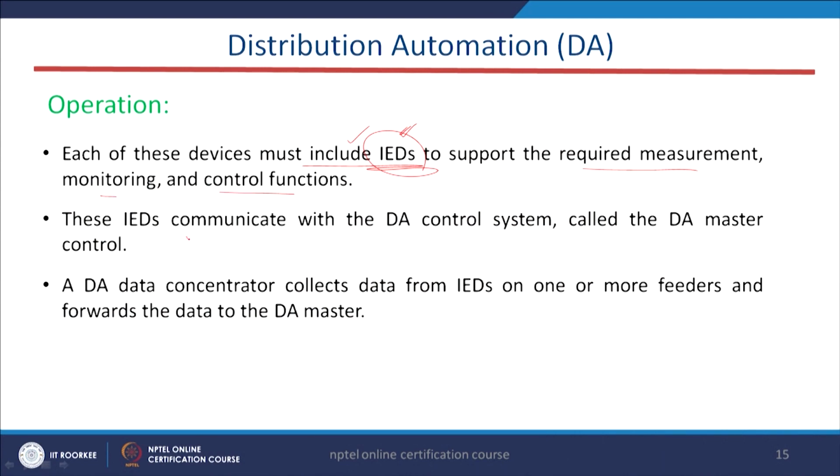Now, these IEDs communicate with the DA control system, which is known as the DA master control center. The information from the IEDs will be sent to the DA master control center. Now, the DA data concentrator collects data from IEDs on one or more feeders and forwards the data to the DA master.